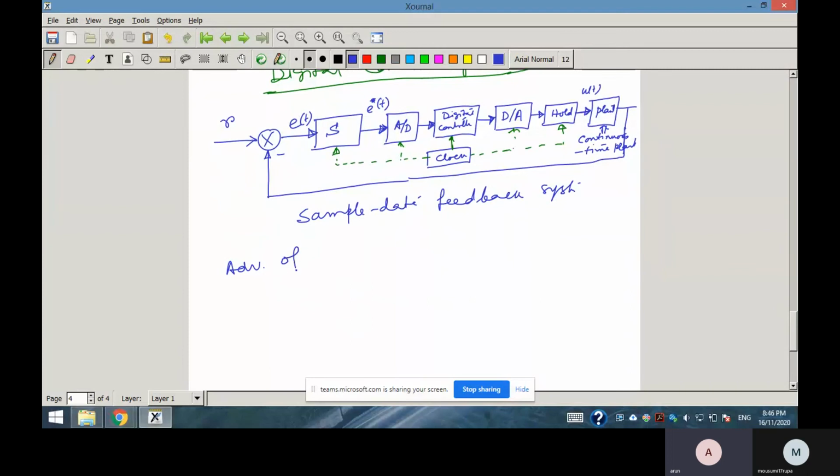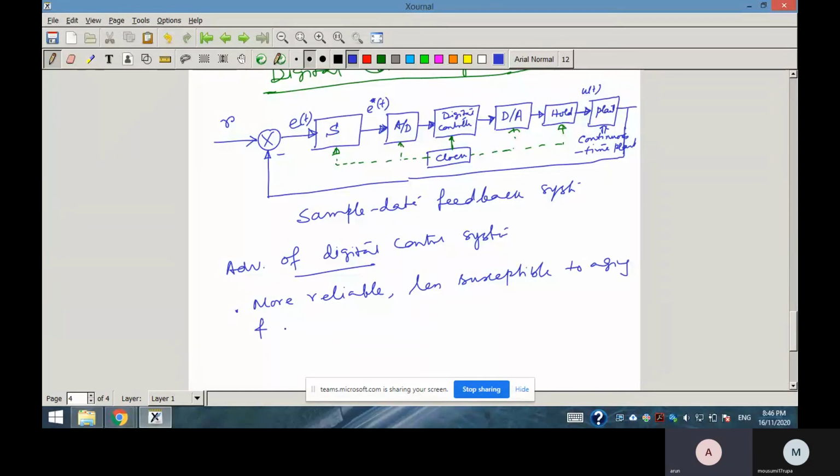As I already said, the advantage is that it is more reliable, less susceptible to aging and environmental variations. So it is a more reliable system, less susceptible to aging.